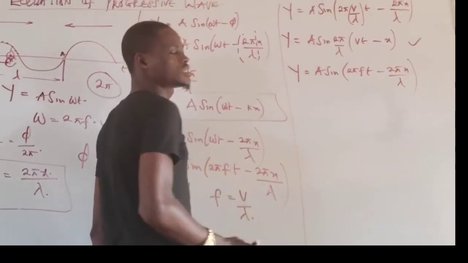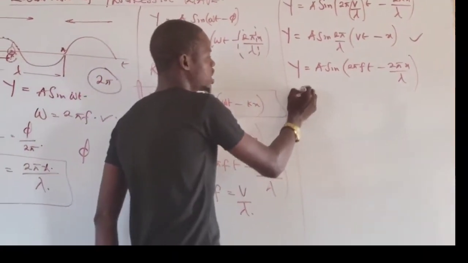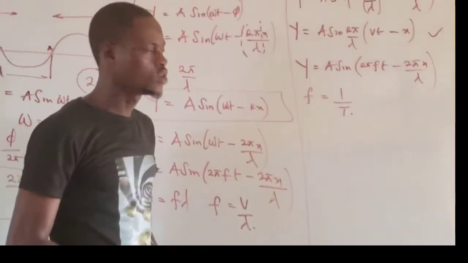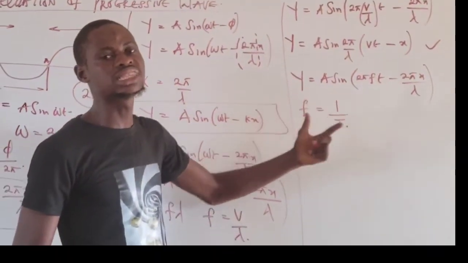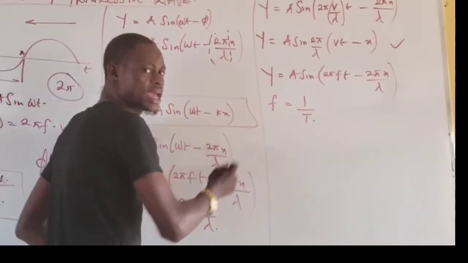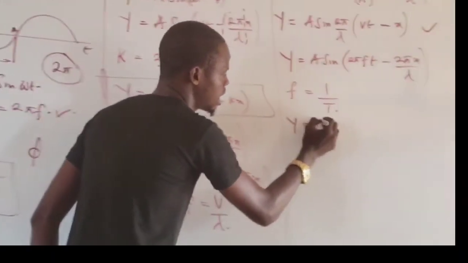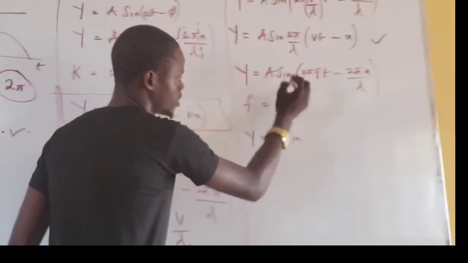Now, we know that the frequency of a wave is always the reciprocal of the period of the wave. I can write this equation in terms of the period of the wave, whereby I'll have y equals a sine.